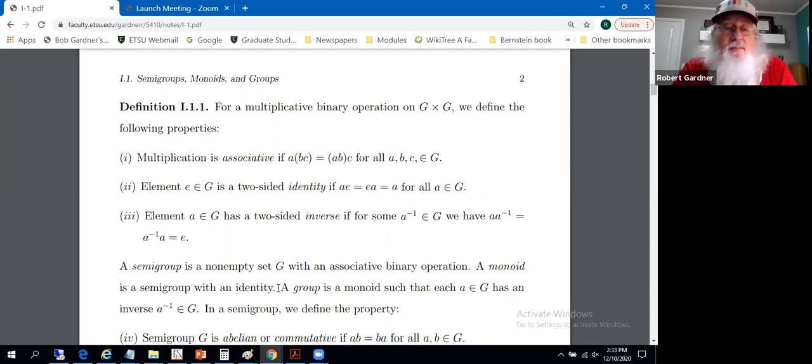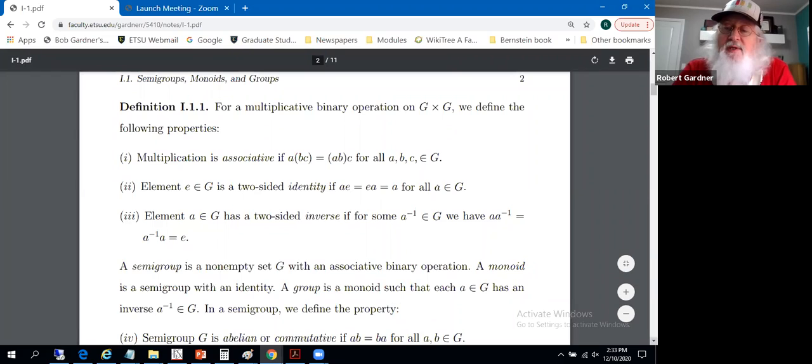So a monoid, being a semigroup, has associativity and by definition contains an identity. So a monoid satisfies necessarily just the first two properties. A group is a monoid such that for any A in G, A has an inverse. So a group is a set with a binary operation on it, which is associative. There exists an identity and every element has an inverse.